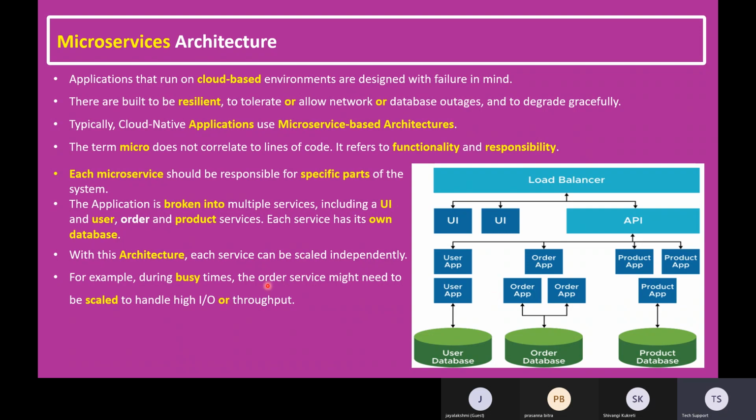Whatever we highlighted in the diagram, the same point. And each service has its own database. With this architecture, each service can be scaled independently. Even if you want to increase your user app, scaled independently means you can increase the resources, CPU, memory, disk. For example, during the busy time, the order service might need to be scaled to handle high IO or high throughput, input output.